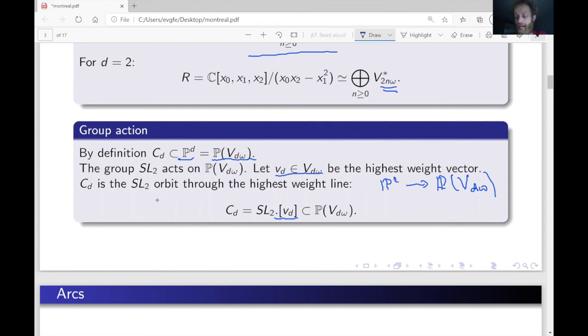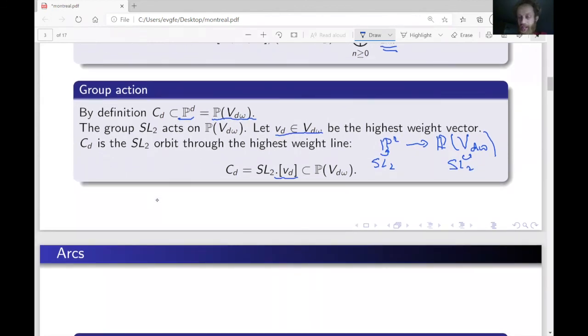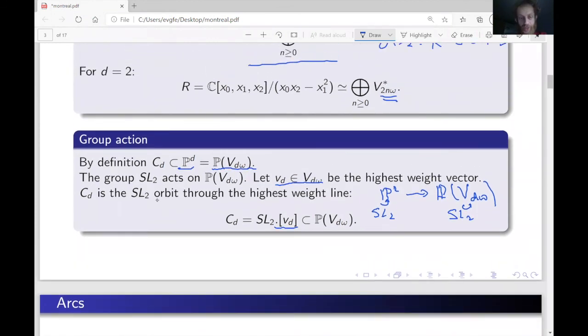This map is SL2 equivariant. There is an SL2 action here and an SL2 action here, and this is an equivariant map. The corresponding curve is just the orbit of one point. So this is the classical picture.